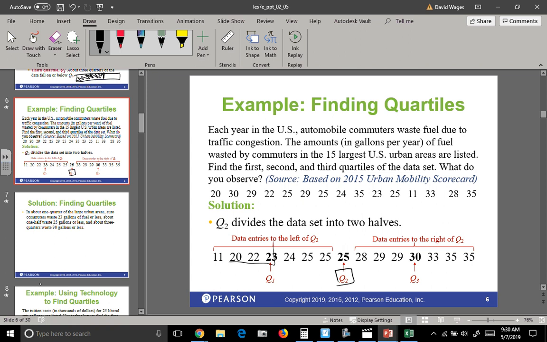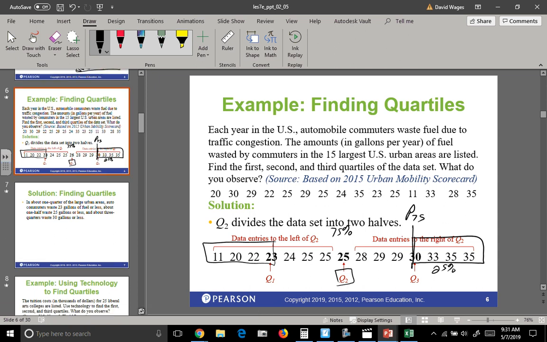So from here down, that's about 25% of the data. So that's the first quartile. If we take the upper half and cut it in half, then that leaves about 25% from here up, which means you have about 75% from here down. So that's the 75th percentile or the third quartile. You have about 3/4 of your data at this level or below.